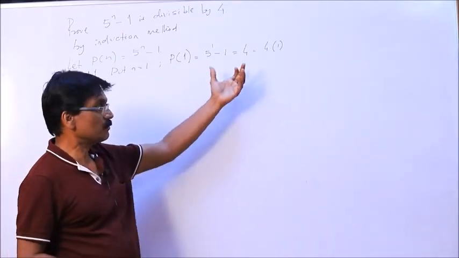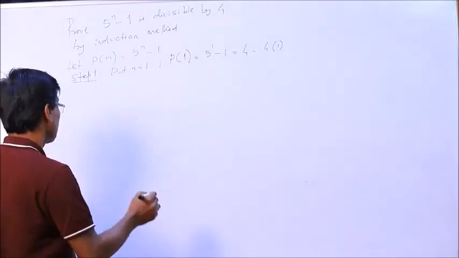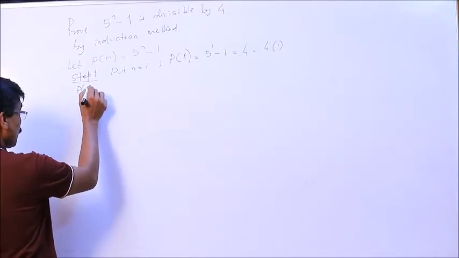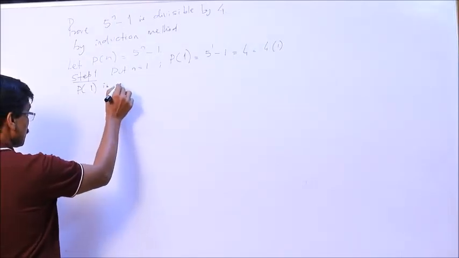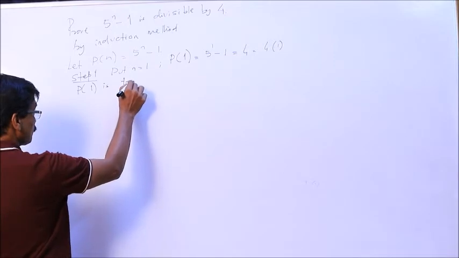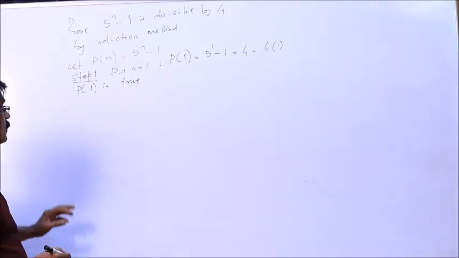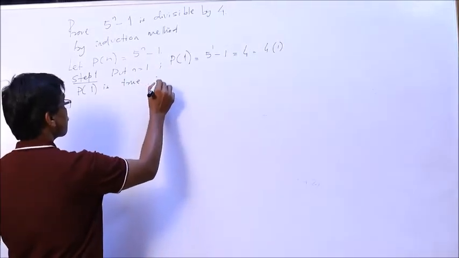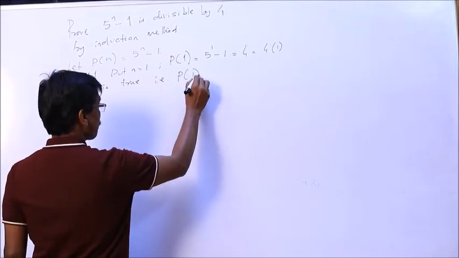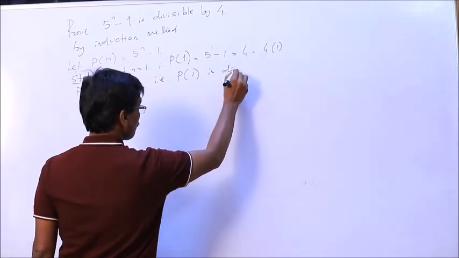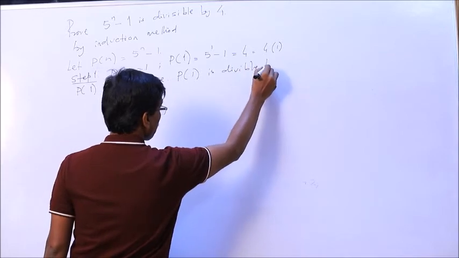So, 4 is obviously divisible by 4. So, P1 is true. That means P1 is divisible by 4.